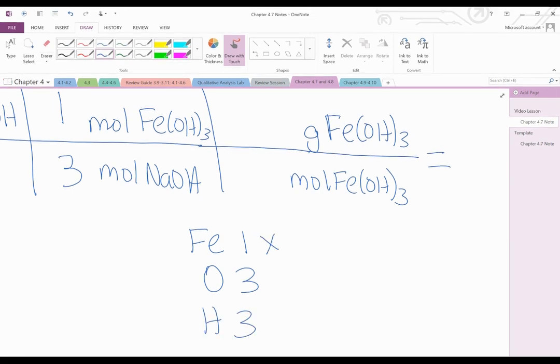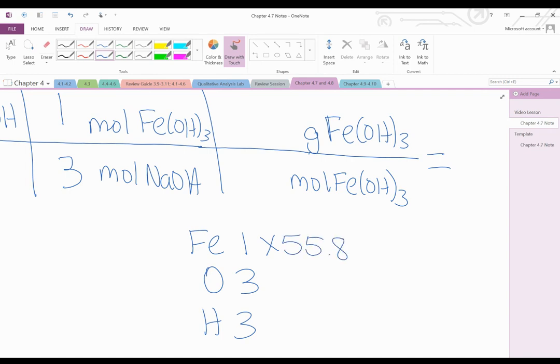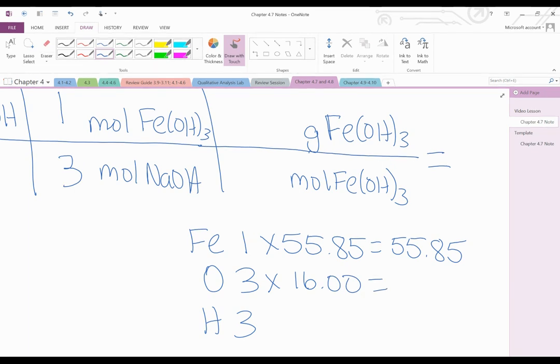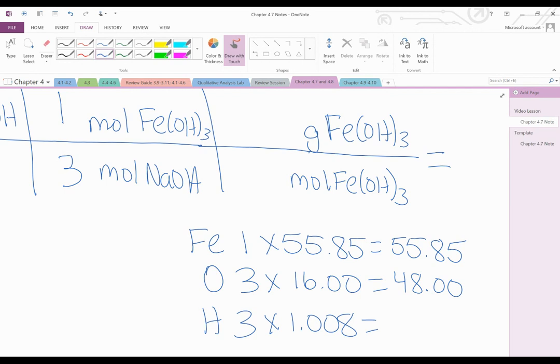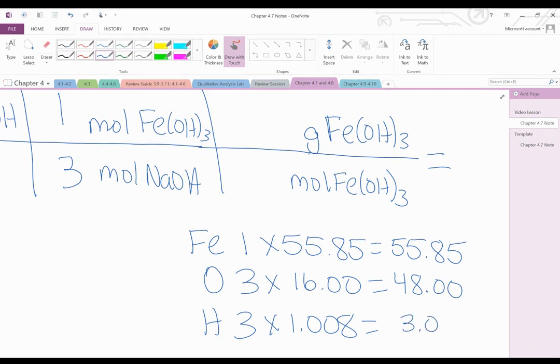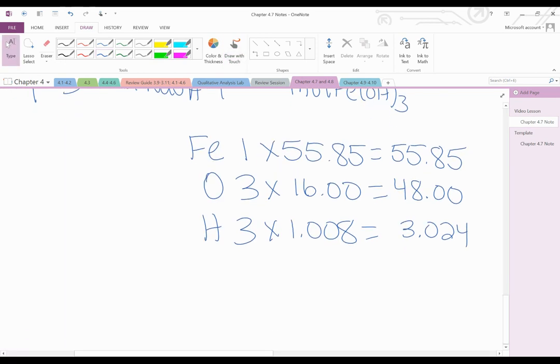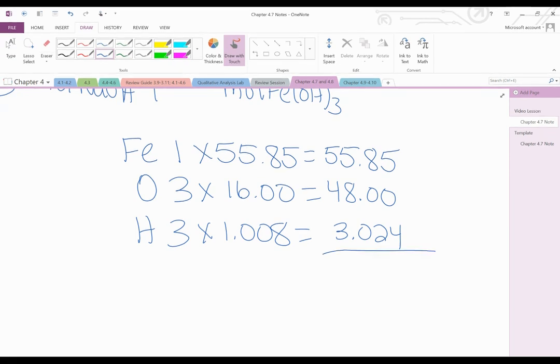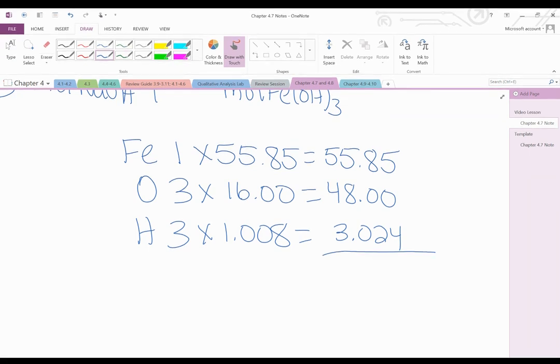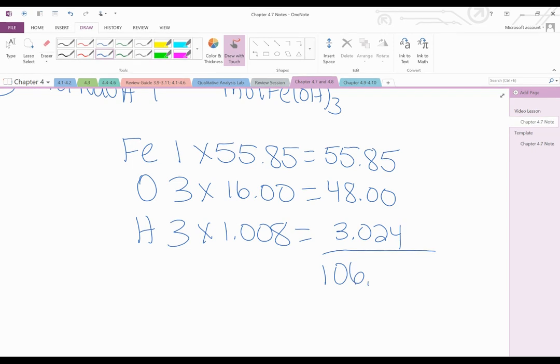Iron's molar mass is 55.85. Oxygen's mass is 16. Hydrogen is 1.008. When I add those together, I get 106.87.